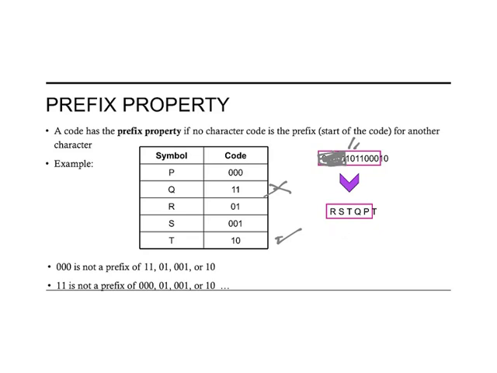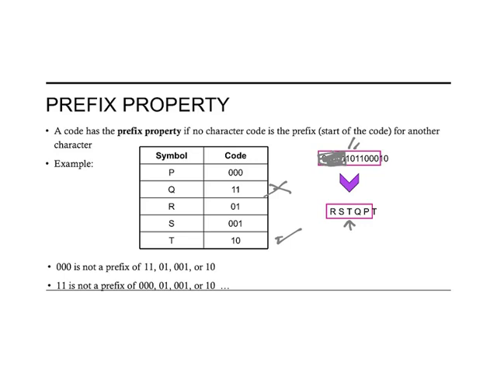And so on. We can continue this process and we will translate in only one way. There is no way that we can make a mistake and I translate this string to be RSTQPT and somebody else gets something different.